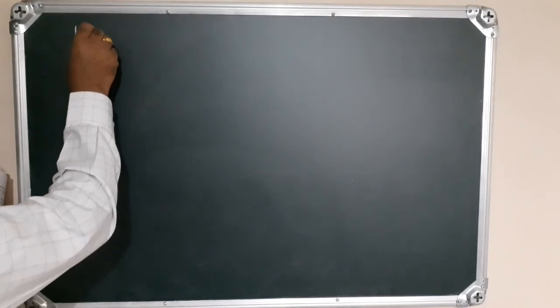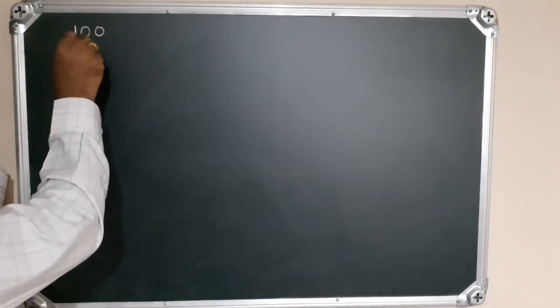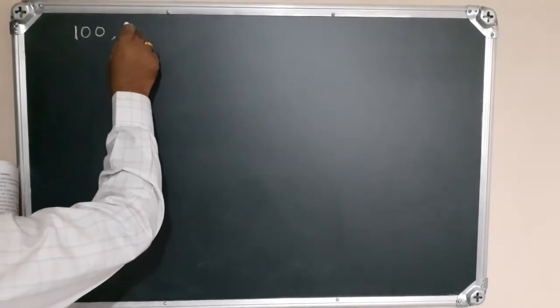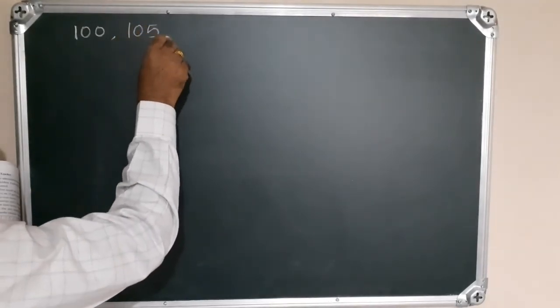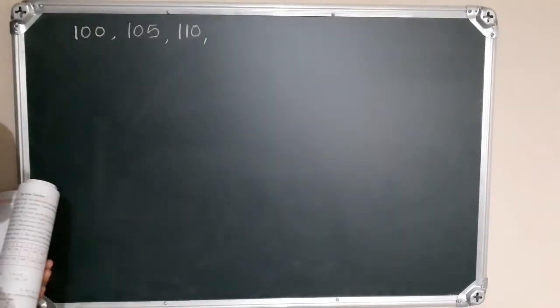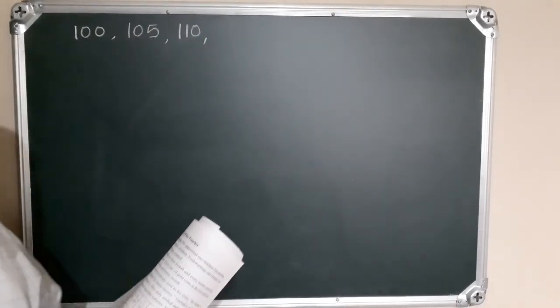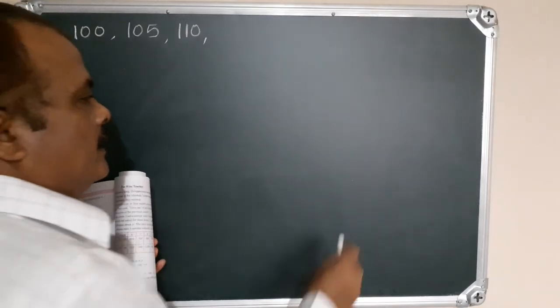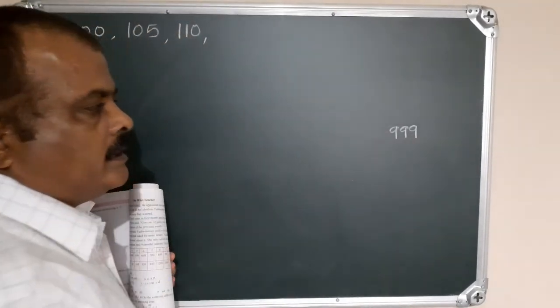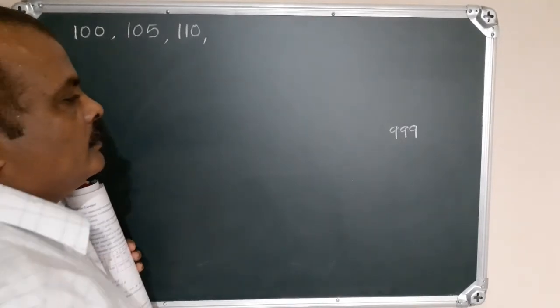That is 100. Is this divisible by 5? Yes. So this is the first number which is divisible by 5. Then the second number will be 105, then 110, like this. The last 3-digit number is 999. But it is not divisible by 5.